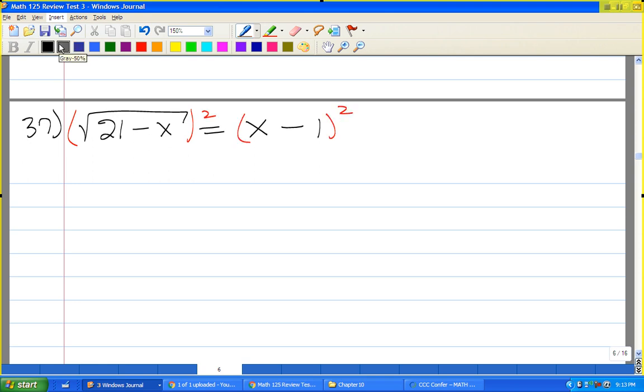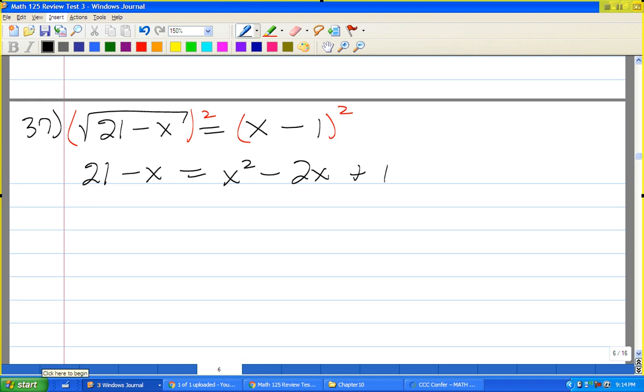And so the square gets rid of the square root, so I just have 21 minus x. X minus 1 quantity squared, by the special product formula, is x squared, x times negative 1 times 2 is negative 2x, plus negative 1 squared is 1. Okay.